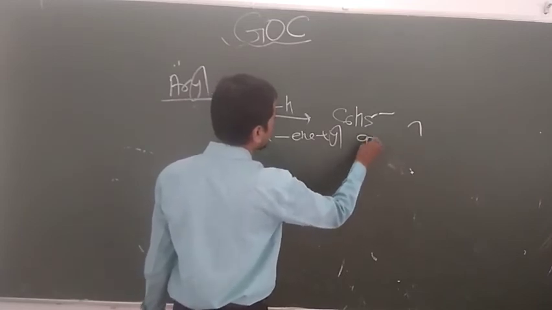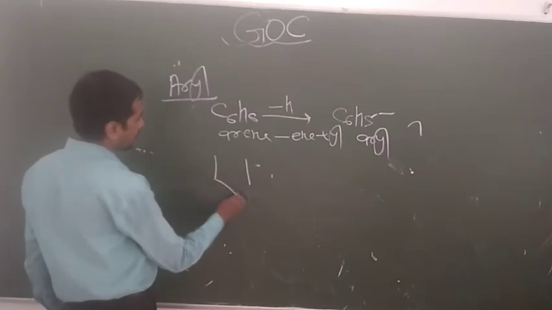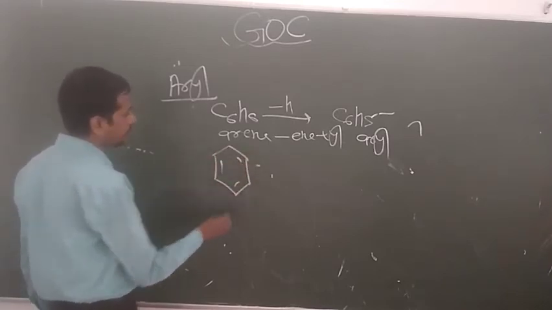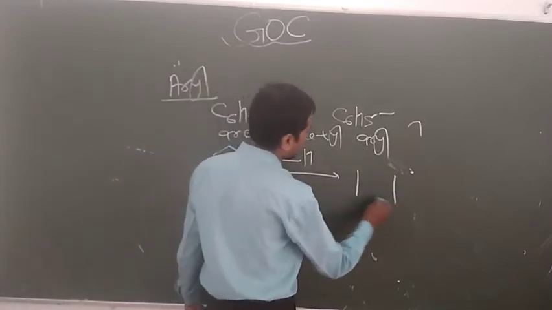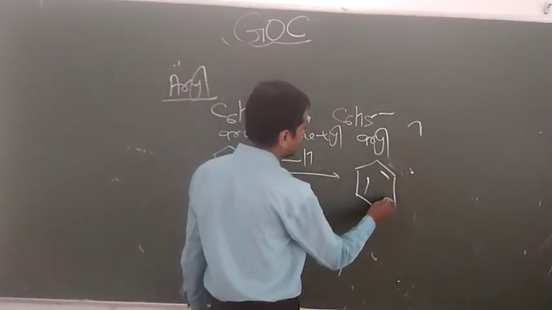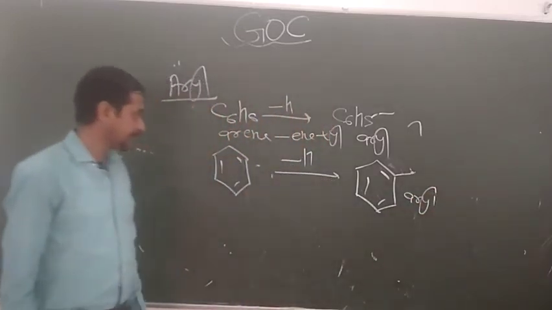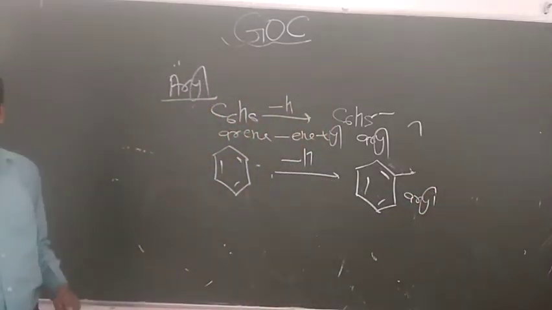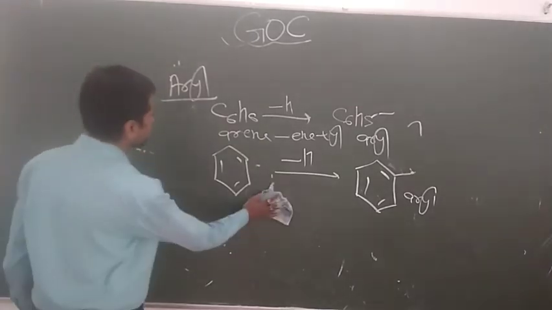So this is known as aryl. You can also write it like this: benzene, one H is removed. Now this will give a group that is known as aryl. So these are about the group formed by benzene, that is known as aryl.